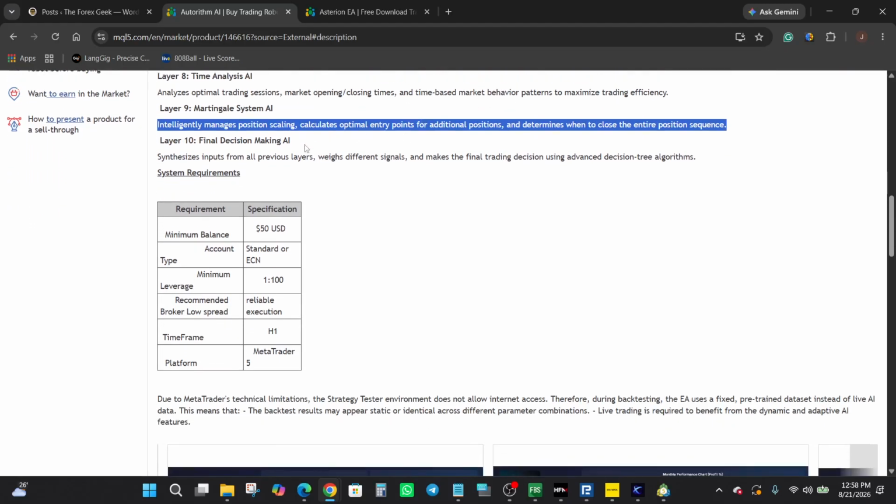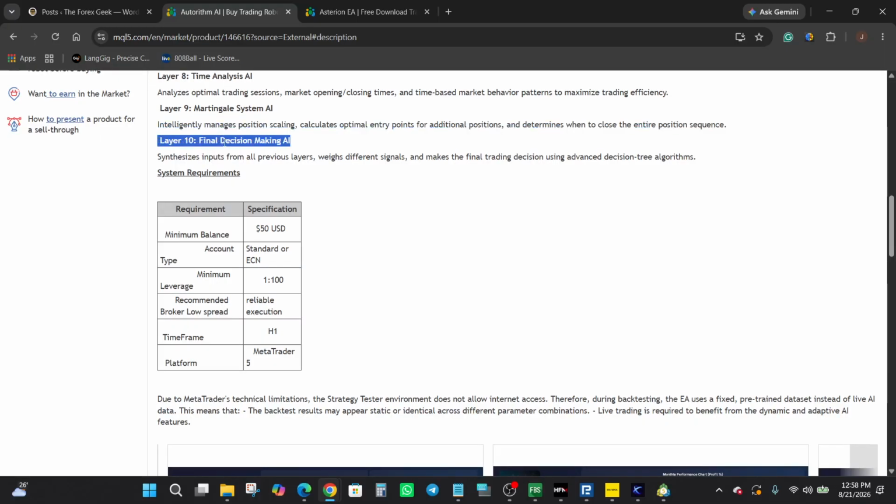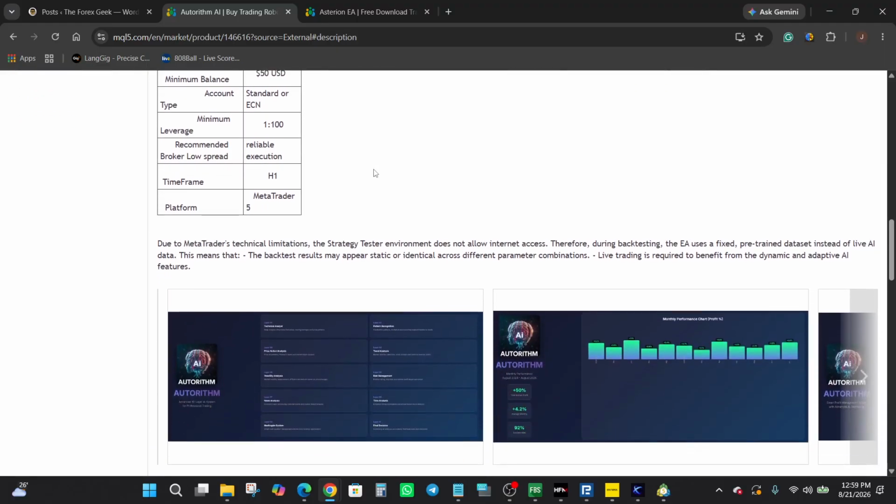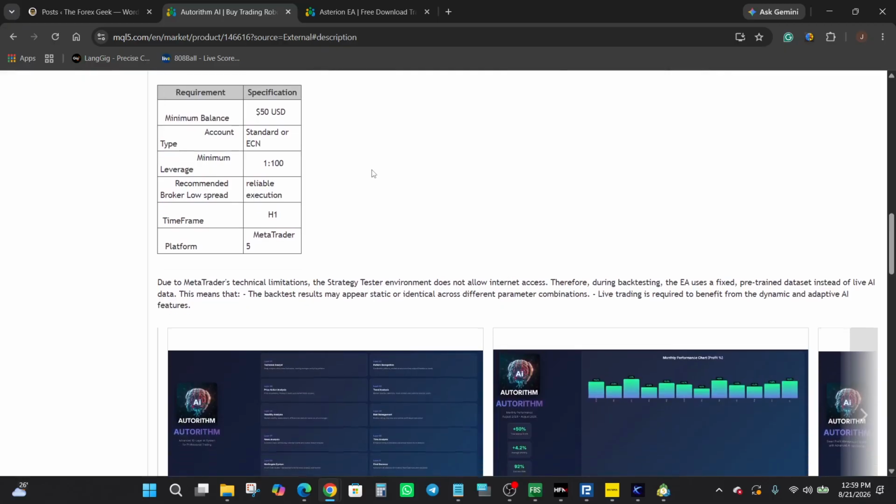So finally we have layer 10, which is the final decision making AI. The developer says that this layer combines the inputs from the previous layers, weighs the different signals, and then makes the final trading decision. The listing also mentions configurable time-based trading sessions, news events filtering, and volatility protection mechanisms.